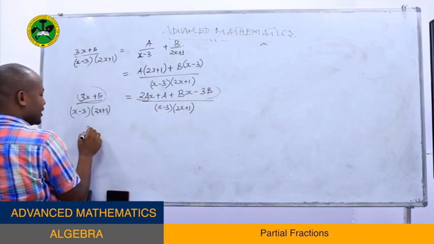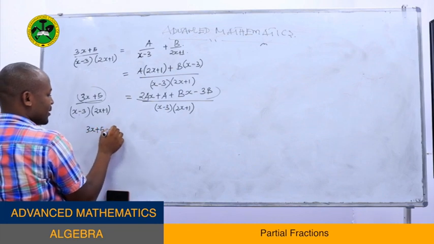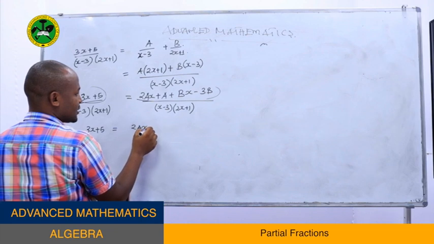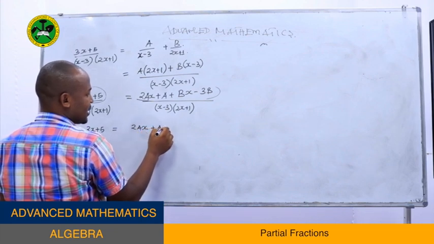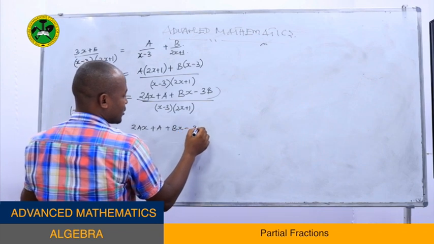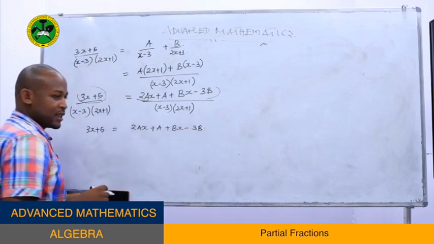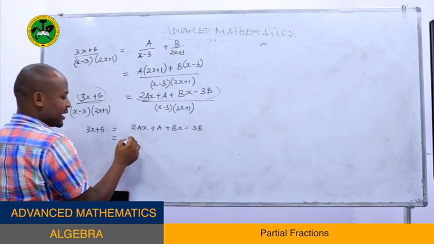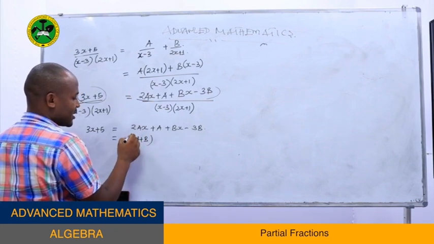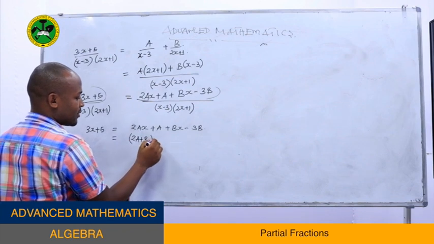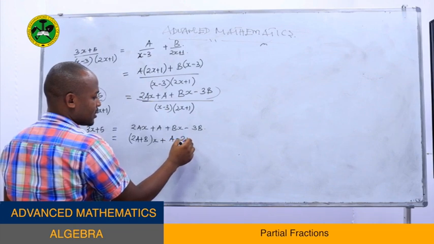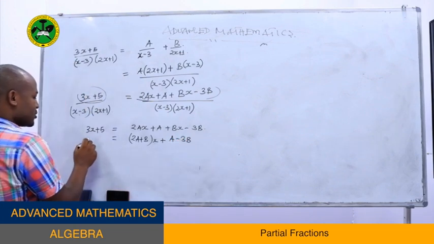So that means we have 3x plus 5 is equal to 2Ax plus A plus Bx minus 3B. Then how can we do that? Let's collect like terms there. Then we have (2A + B), and all of these have an x, then plus (A - 3B).